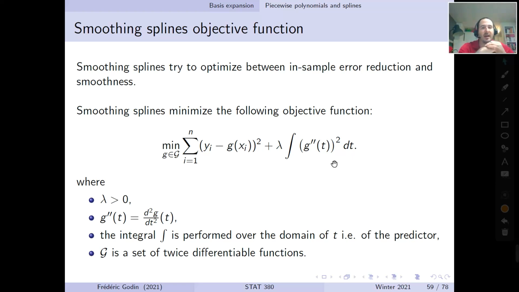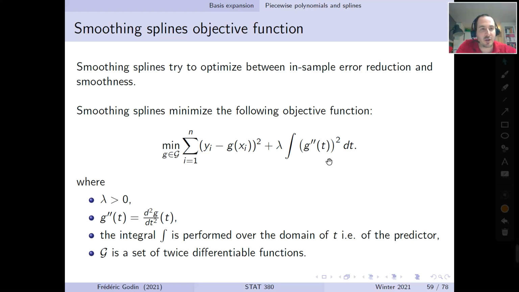So if the function varies very slowly, this quantity should be small. If the function is very abrupt like this, then this quantity should be large. So we can penalize the non-smoothness by imposing this kind of penalty in the objective function.